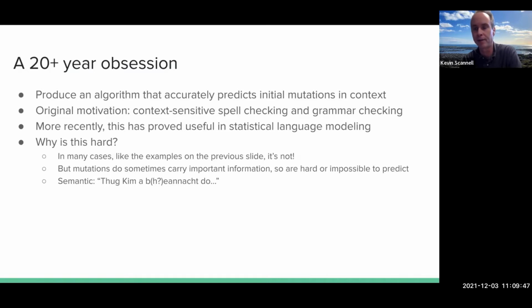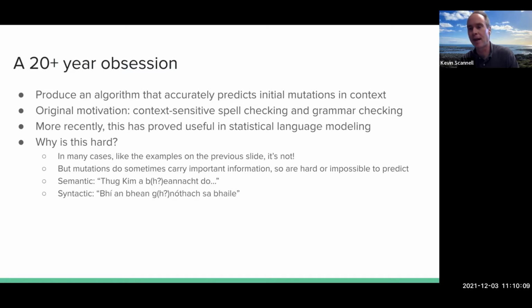I should have glossed these, but this says, Kim gave either his or her blessing to, and I've omitted the rest of the sentence, and the challenge is to guess whether that should be his or her in context. This is an actual corpus example, so you can try and make your best guess.